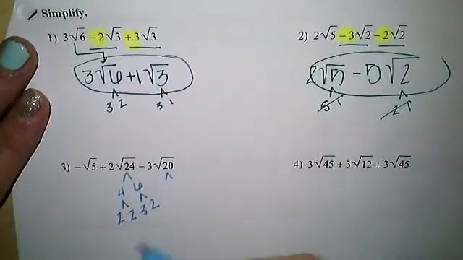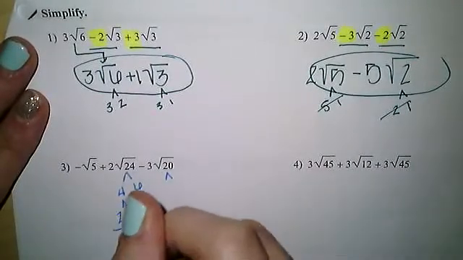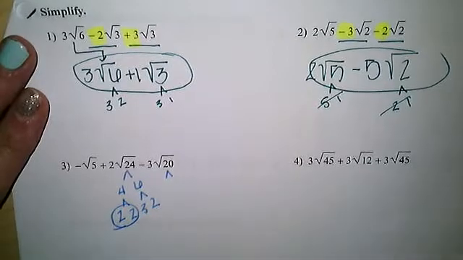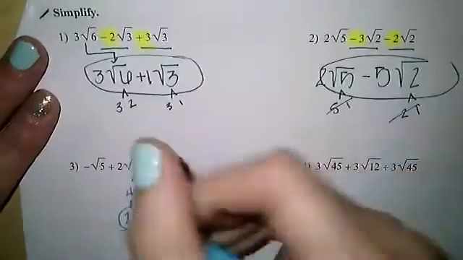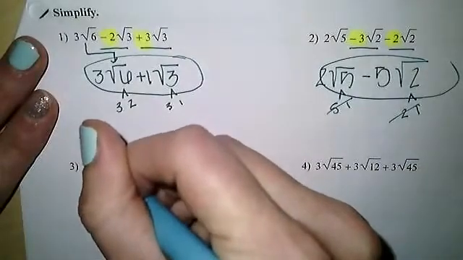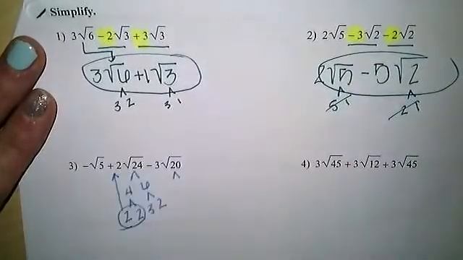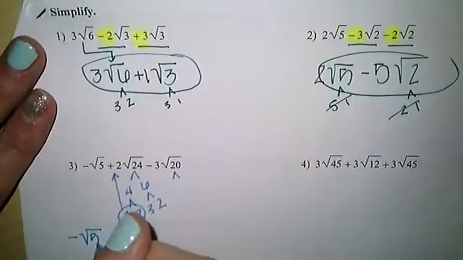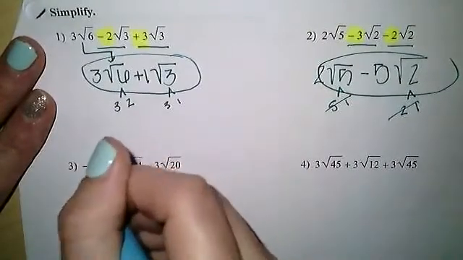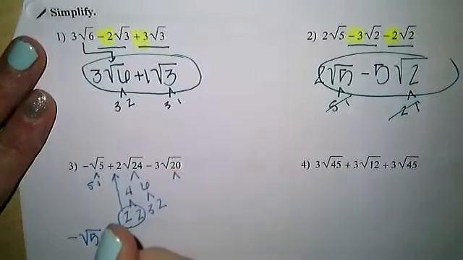So what we do is we look and we see if there's any pairs. So since there's a pair of 2's, what we can do is we can bring a singular 2 out front with this 2. So let's drag and drop this square root -5 because that one doesn't simplify. 5 and 1, there's no pairs.